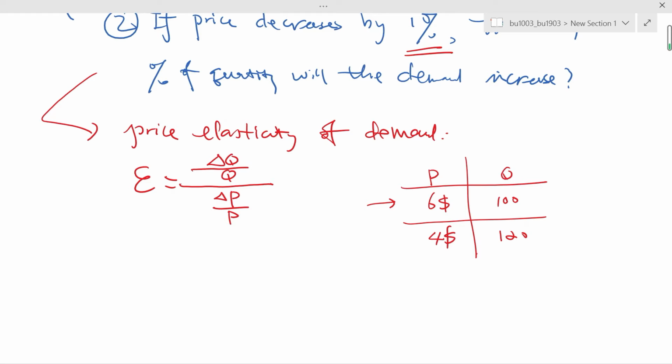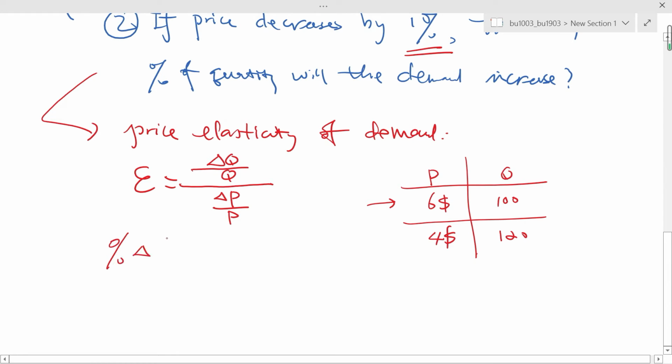So in terms of elasticity, we can calculate from the data here. First, the percentage change of price. It's just change of price divided by beginning price.